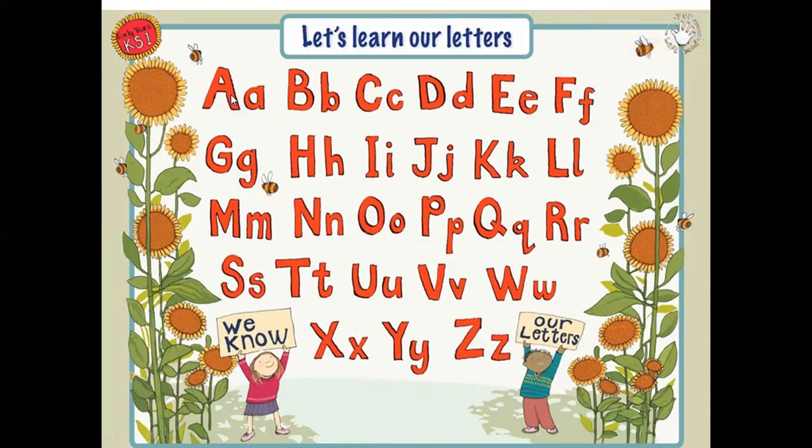After A, our next letter is B. Watch it carefully. This is the big B and this one is the small b. You have already learned the writing formation of letters both in uppercase and lowercase in the previous lecture. Today I'm just revising it, okay? Watch it carefully and recognize it.